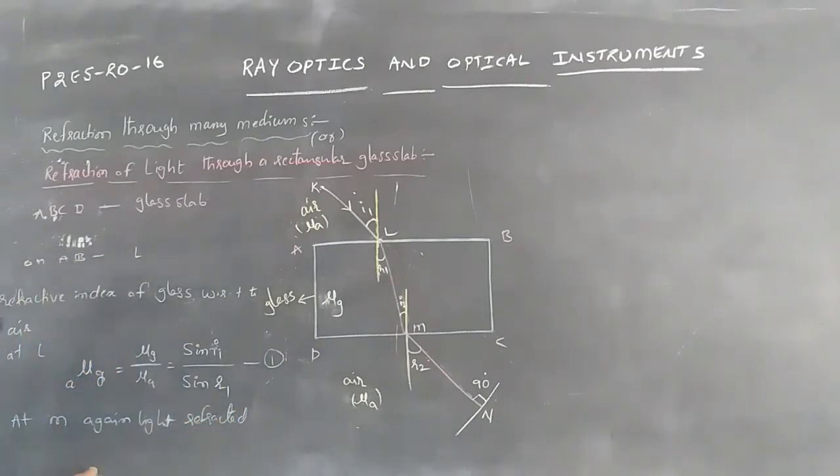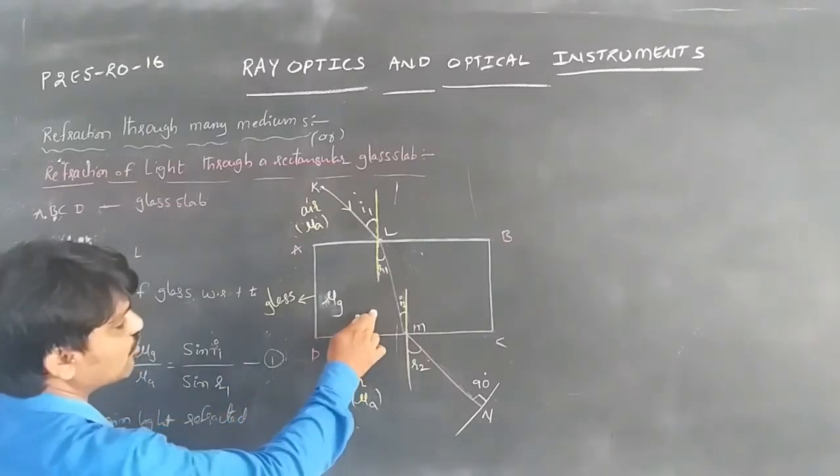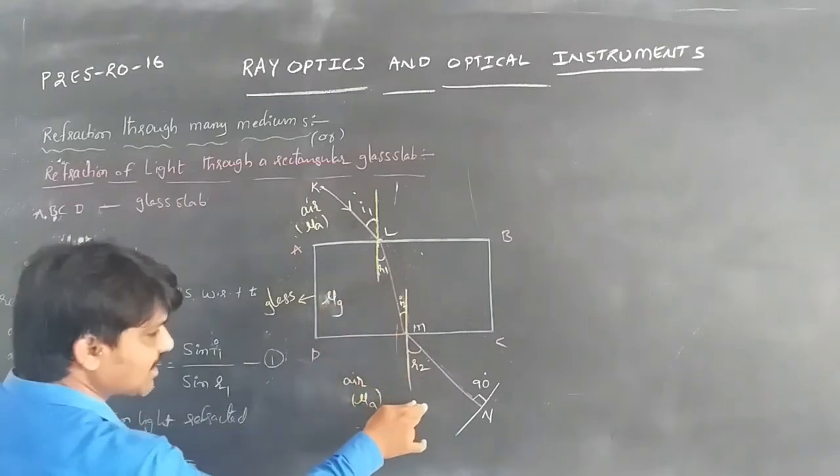At M, the refractive index of air with respect to glass is mu a by mu g, the refractive index of air by the refractive index of glass, because the light is moving from the glass to the air.